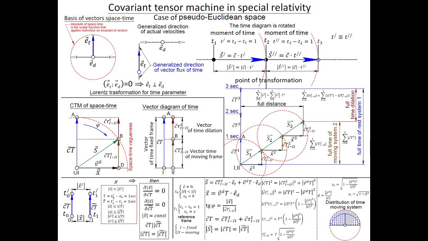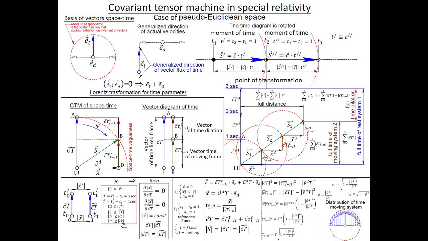Based on it, I can suppose that there exists a restriction on the invariant of a vector. In other words, I have a restriction on the maximum length of a vector.